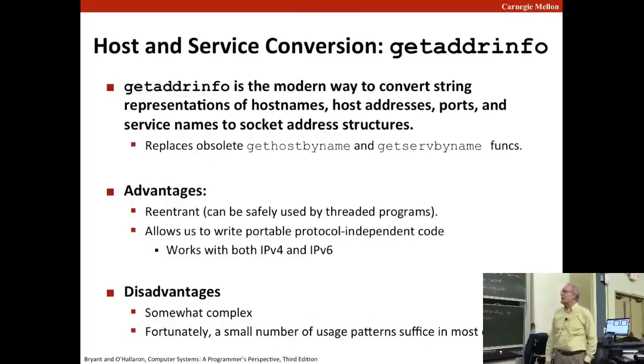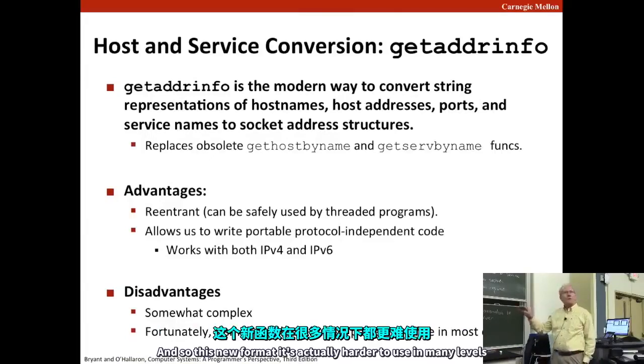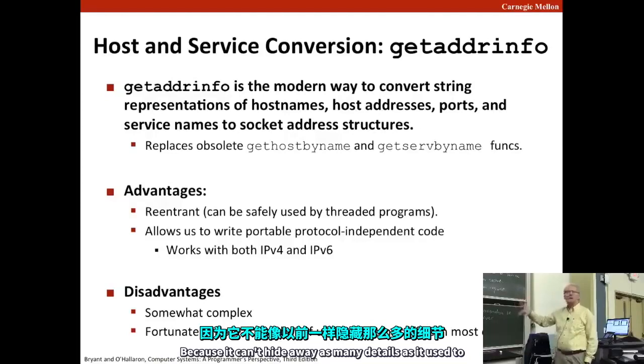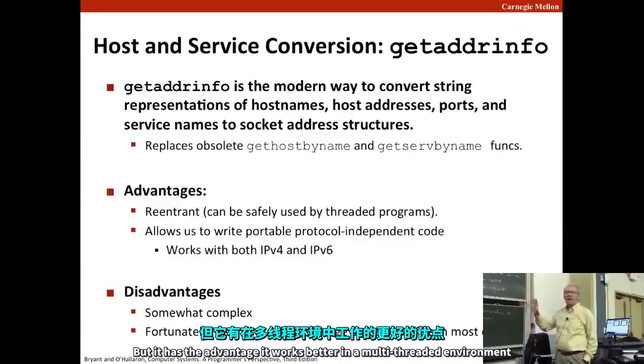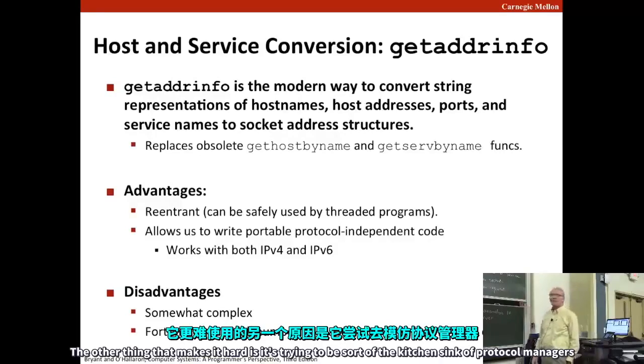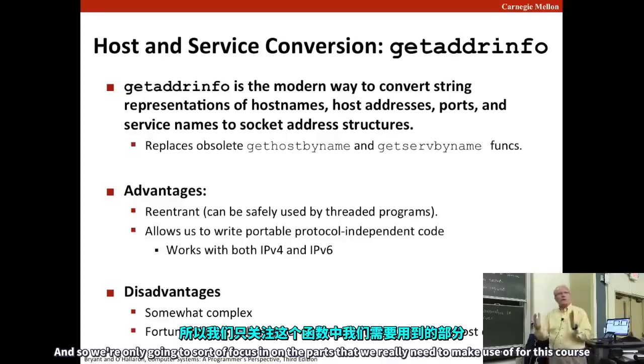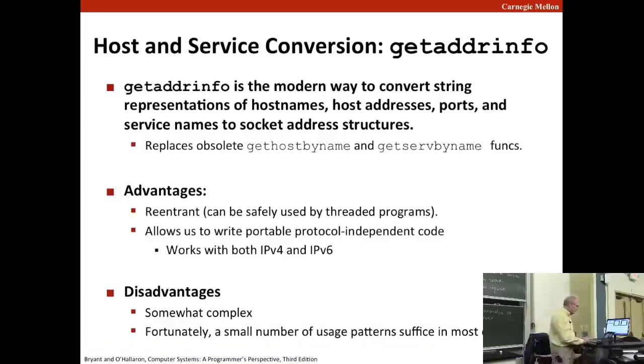This new format is actually harder to use on many levels because it can't hide away as many details, but it works better in a multi-threaded environment. The other thing that makes it hard is it's trying to be the kitchen sink of protocol managers, which makes it a little bit nasty and messy. So we're only going to focus on the parts that we really need for this course.